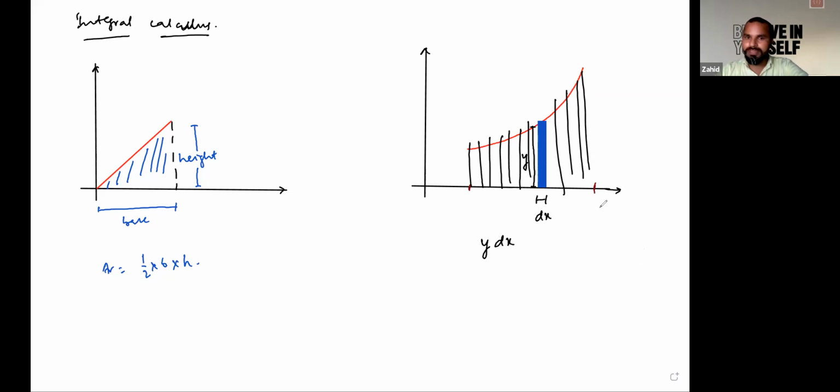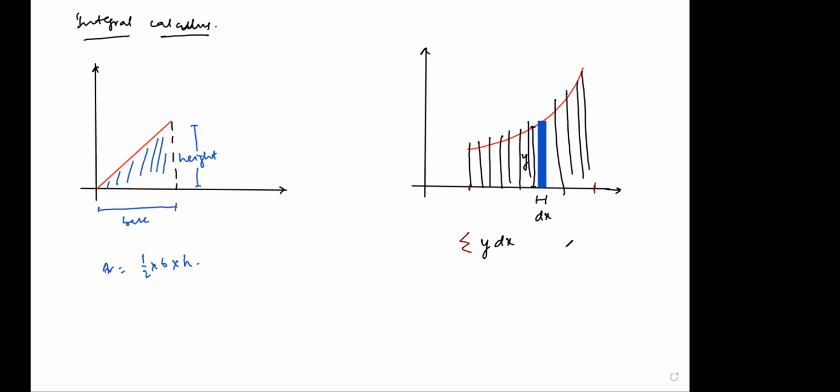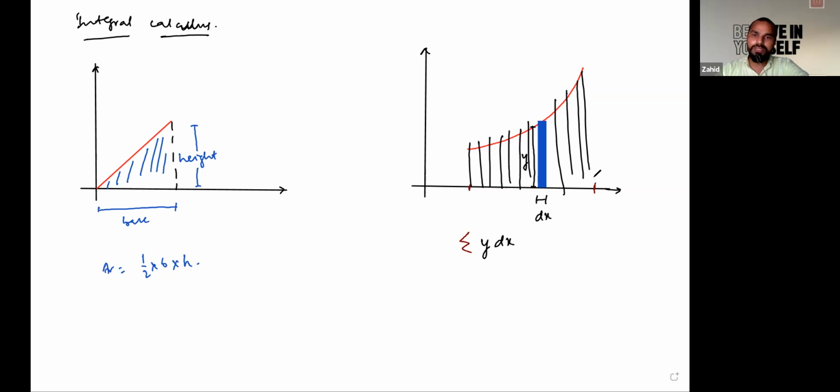Okay. So how to calculate this sum from one end to another end? We use a mathematical term called sigma. Sigma means summation of that quantity from one end to another end. But this summation is defined when the change has some significant part.